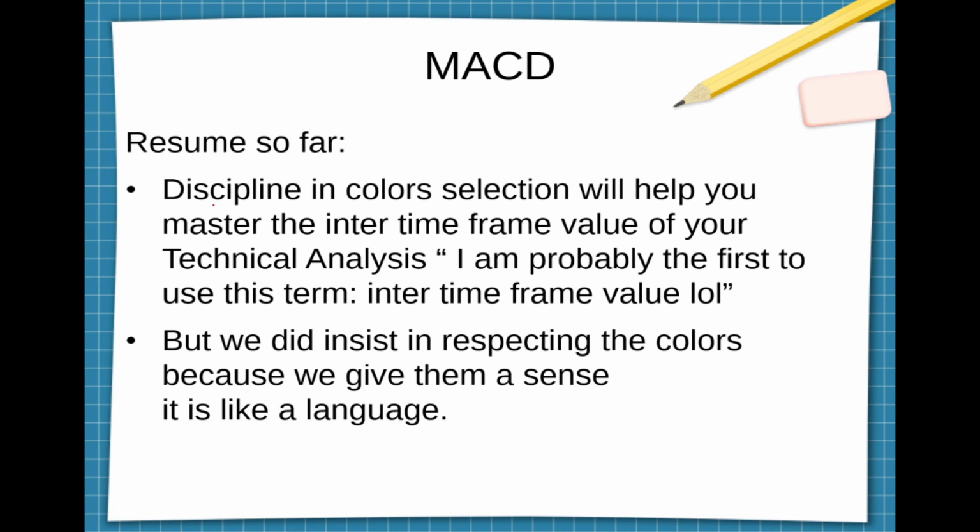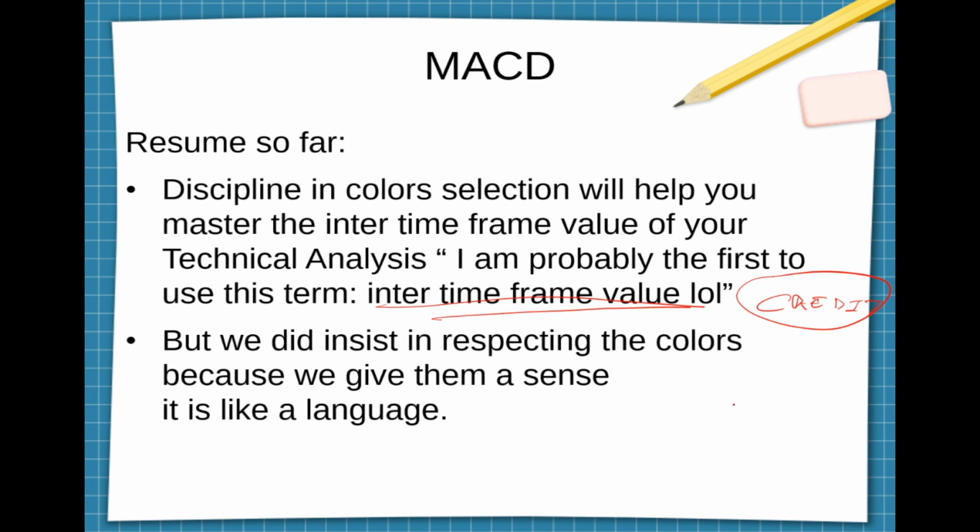Okay, now so far, resume. Let's go over this. Discipline in color selection will help you master the inter time frame value of your technical analysis. I am probably the first to tell you to use this inter time frame value. So if you use this in another class, or in your own material, I would appreciate the credit. But we do insist on respecting the colors because we give them a sense, and it is like a language.